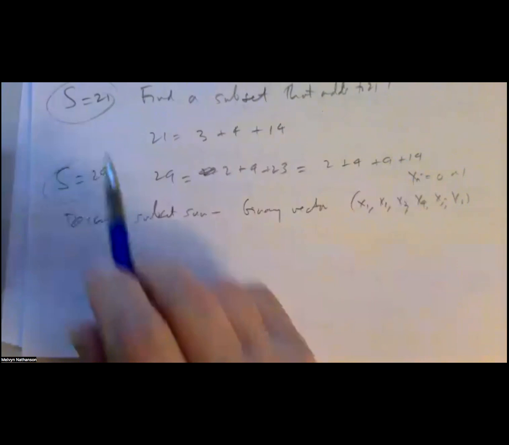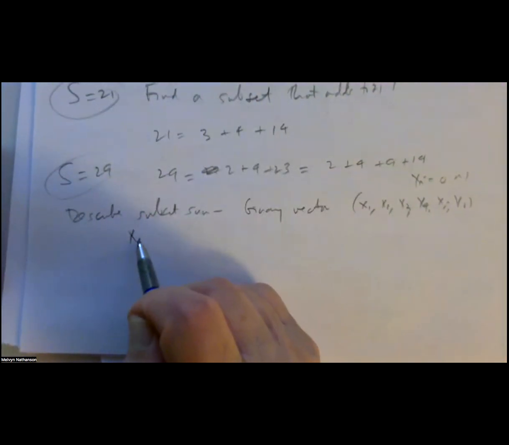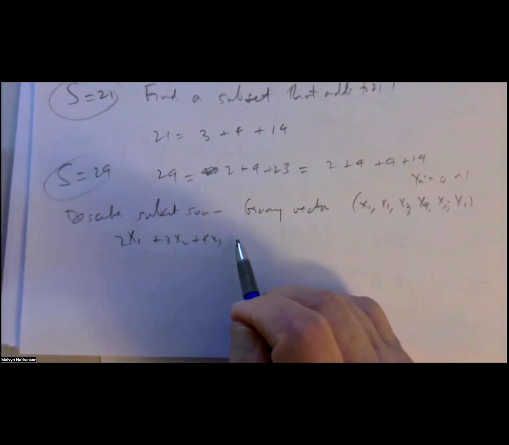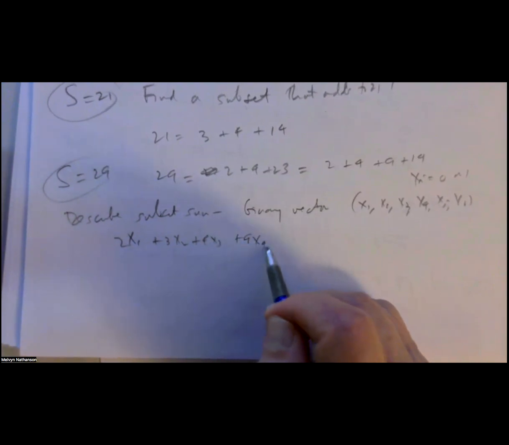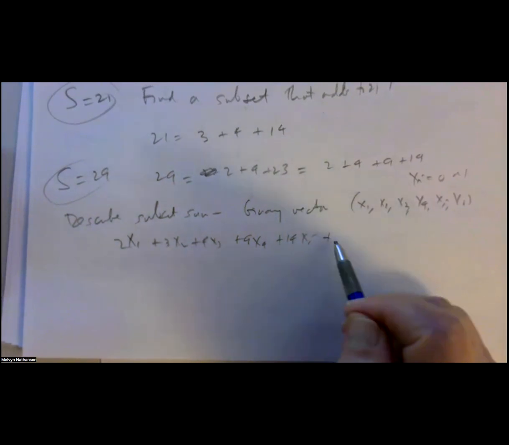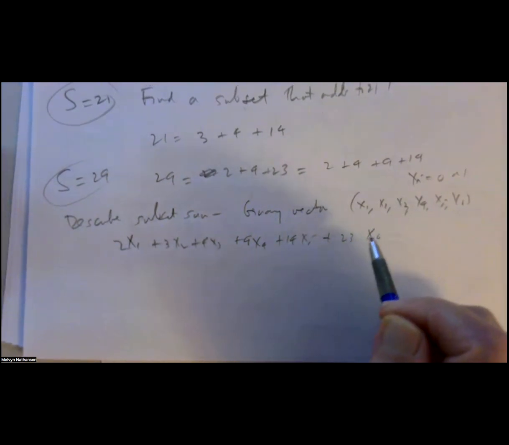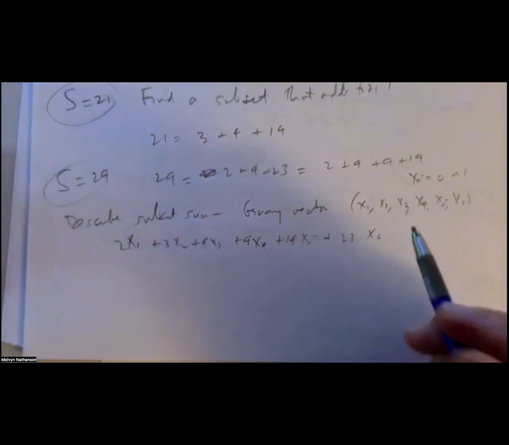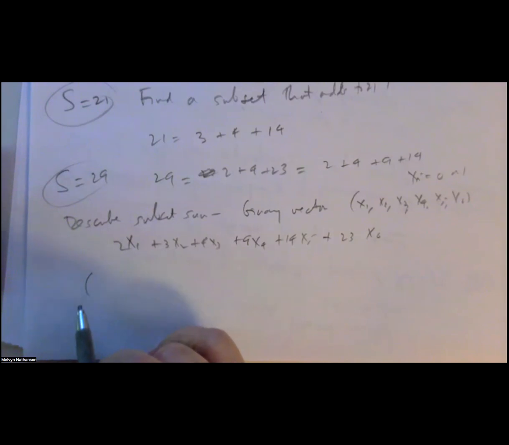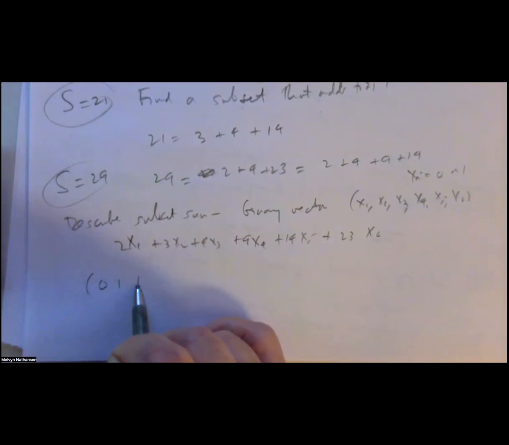And I could look at the number 2x1 plus 3x2 plus 4x3 plus 9x4 plus 14x5 plus 23x6. For example, suppose I had my vector 0, 1, 1, 0, 1, 0.